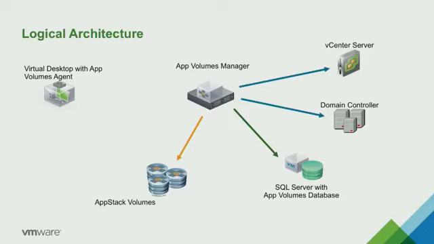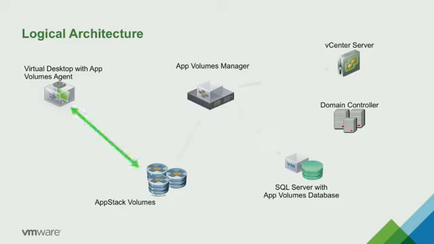But once the App Volumes Manager figures out which app stacks that user should be given access to, it asks vCenter to connect that system, that VM, to those app stacks, and the user can launch those applications. And this whole process happens in seconds, 2-3 seconds in the background, right?